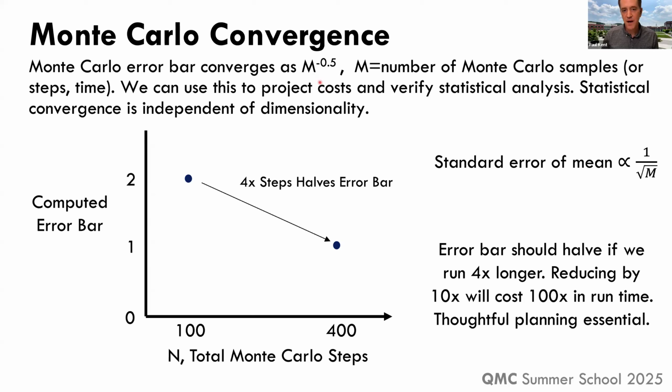But it's important to think about what that means in terms of convergence rate. I've tried to sketch this here. If we have an initial computed error bar of plus or minus 2, let's say, based on 100 steps, and we now take 400 steps, the error bar will reduce by the square root of 4, which is 2, so now our error bar is 1, for 4 times the amount of work.